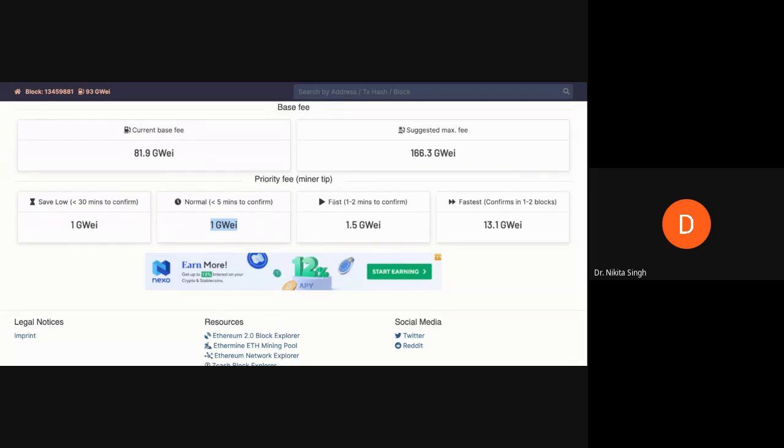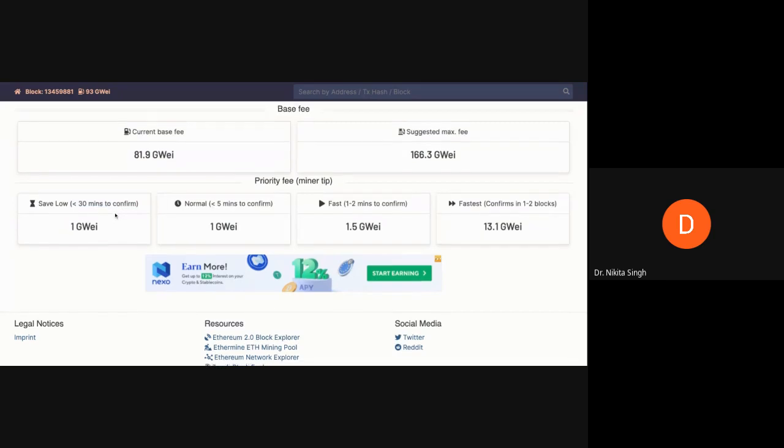If you have to get your transaction confirmed fast, as in 1 to 2 minutes, you will have to pay 1.5 GY. Fastest is 13.1 GY, which means that it will confirm in 1 to 2 blocks, and lowest is 1 GY, which is less than or equal to 30 minutes to confirm a transaction.